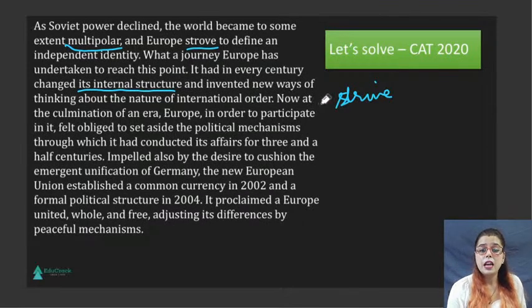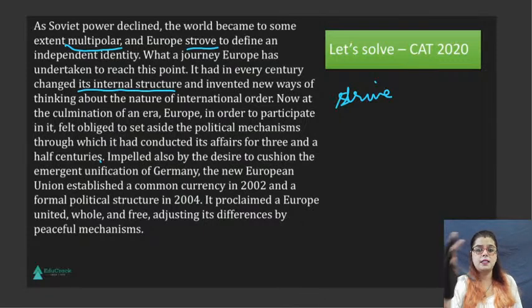Now at the culmination of an era, culmination means the highest point. Now at the culmination of an era, Europe, in order to participate in it, felt obliged to set aside the political mechanisms through which it had conducted its affairs for 3.5 centuries.